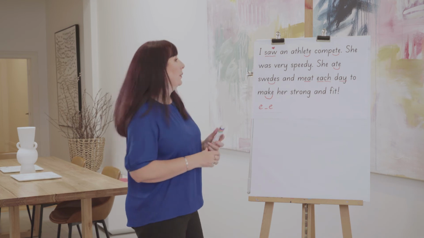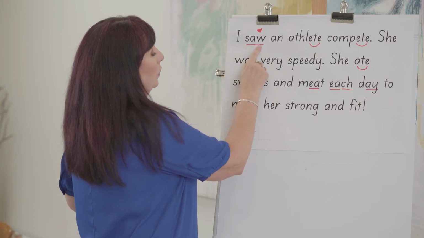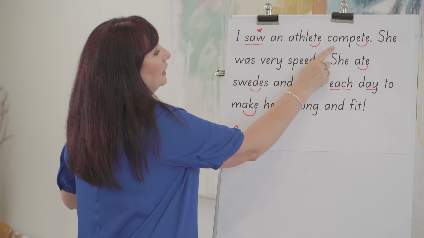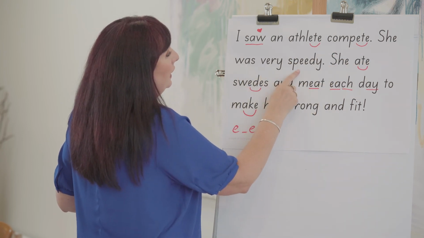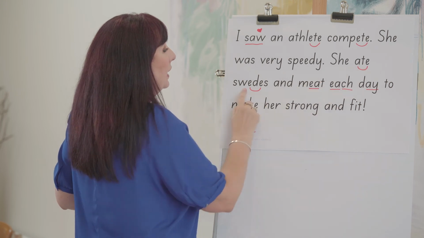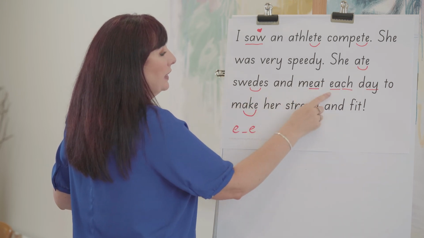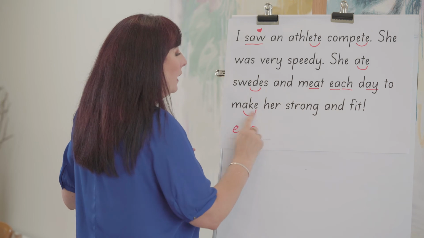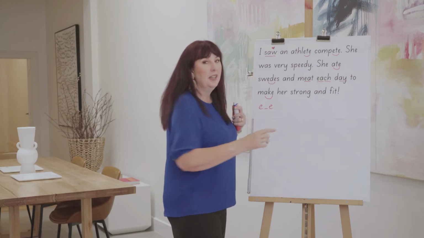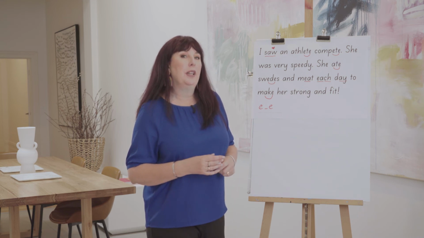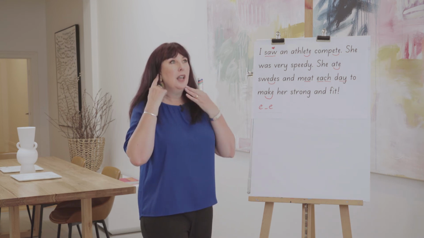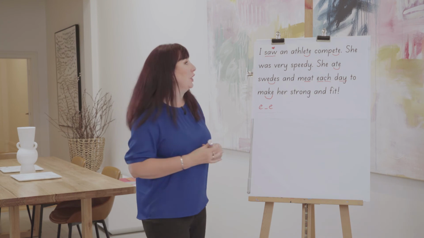Let's read that all together. I saw an athlete compete. She was very speedy. She ate sweets and meat each day to make her strong and fit. Let's read that one more time. It might be hard for you to read it as quickly as me, but I want you to listen and try and say it with me with a bit of expression.